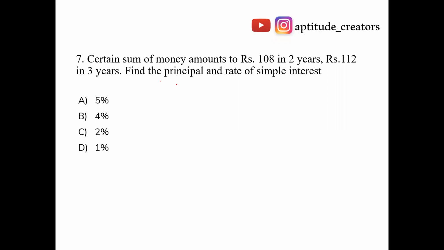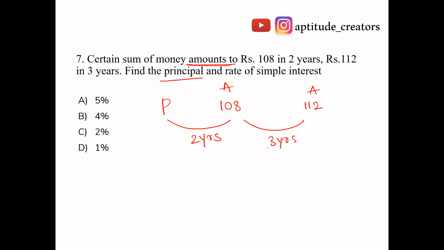That is the question the person is asking. Find the principal. We don't know the principal, but after 2 years the person gets an amount: the sum of money amounts to 108 rupees in 2 years. Now in 3 years, that is nothing but one more extra year, we get the result as 112 rupees as amount. Correct? This is also talking about amount. One more year.